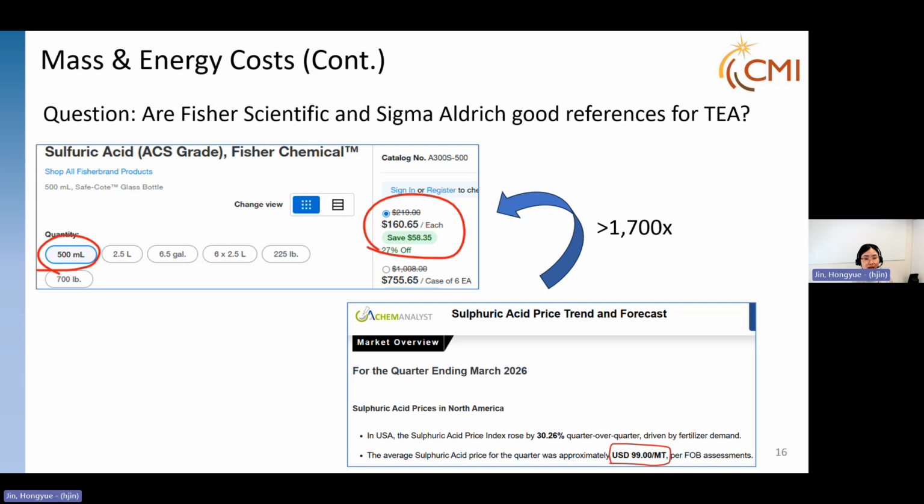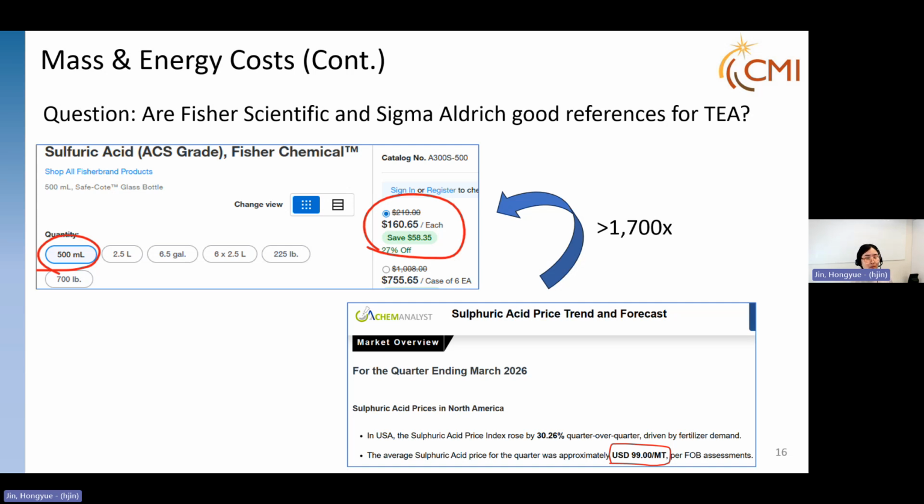And if you go to Chem Analyst for sulfuric acid in North America, oh, it doesn't have my updated screenshot, but this one is for North America pricing is $99 per metric ton per FOB, free on board assessment. So the difference between these two sources is higher than 1,700.